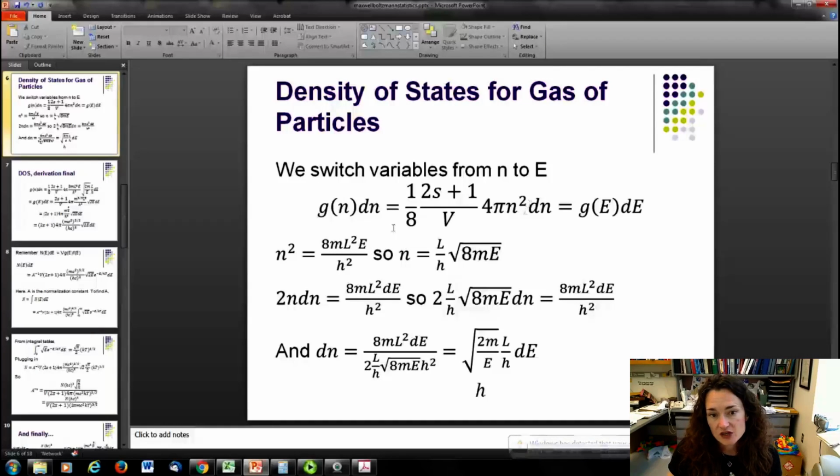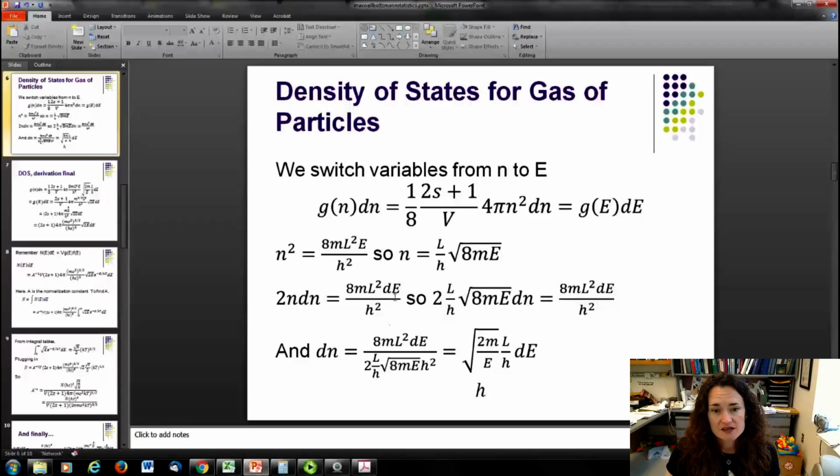Now, if we rearrange our equation relating E and n squared, then we have n squared is equal to 8mL squared E over h squared, okay? And we're going to plug that in for our n squared here in the function. Now, we need to solve for dn, and so if we take the derivative of both sides of that equation for n squared, then we have 2n dn is equal to 8mL squared dE over h squared, okay?